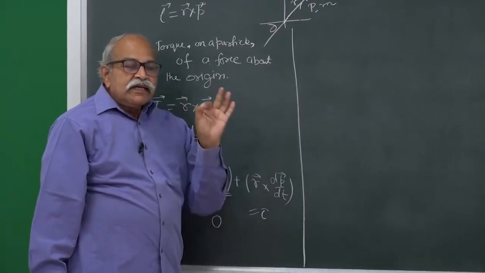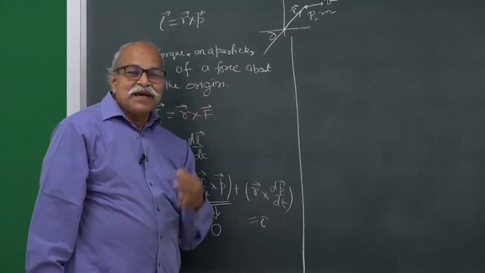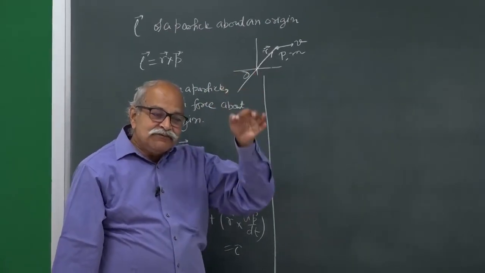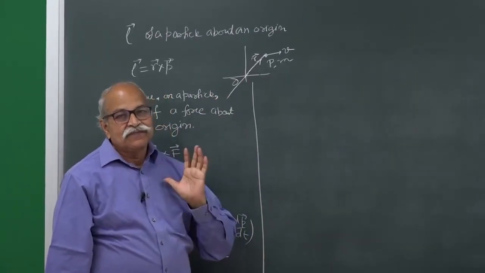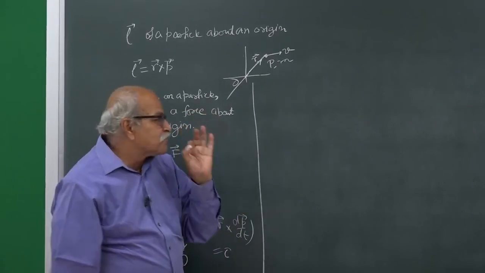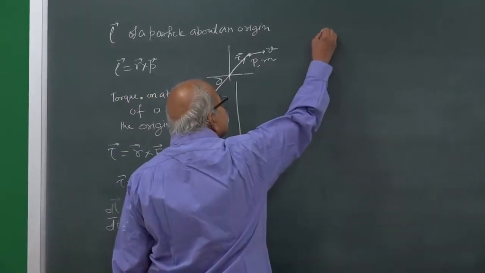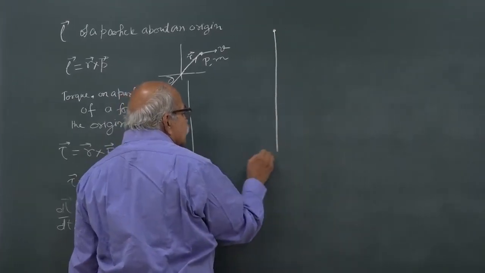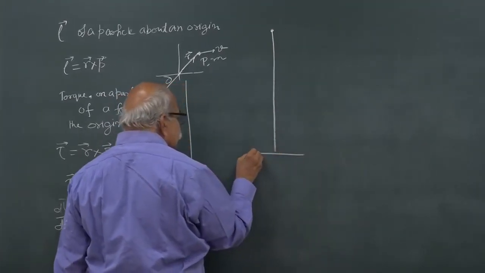Now, let me take a very common, simple example, a particle freely falling under gravity. So, a particle is dropped, and then it falls on a vertical line, and then it reaches ground.